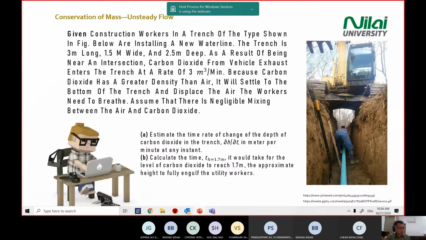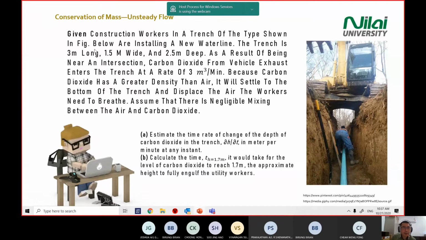Of course, the picture I extracted from the website, and the statement was modified a bit from the example. Now the setting is like this. A construction worker is in a trench or channel like this. They dig some channel to replace some pipe or electrical wire, right?